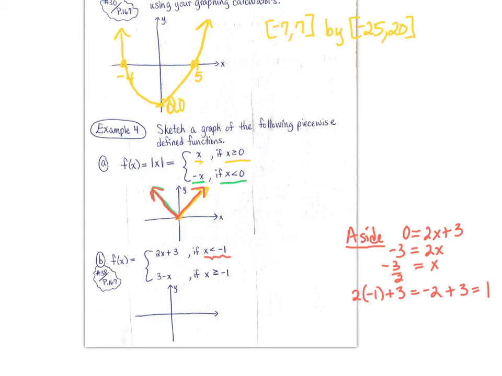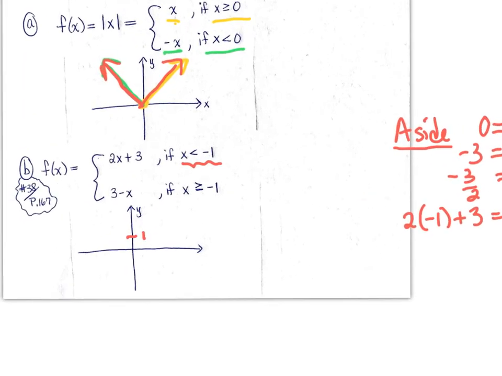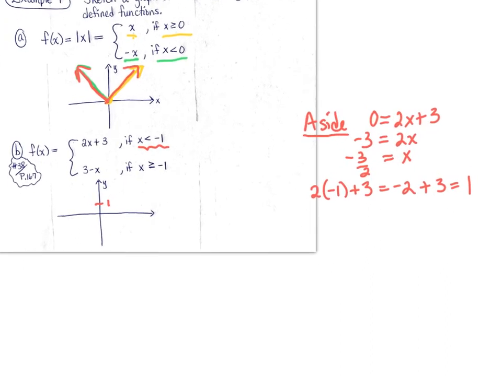So graphically, we would have 1 here. I'm going to move this up, zoom in a little bit so we can make it a little bit more visible. So we'd have an open circle at the point negative 1, 1, okay?